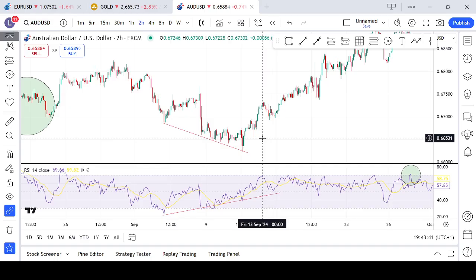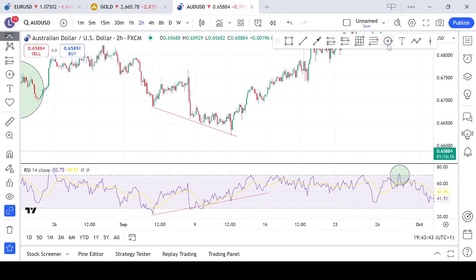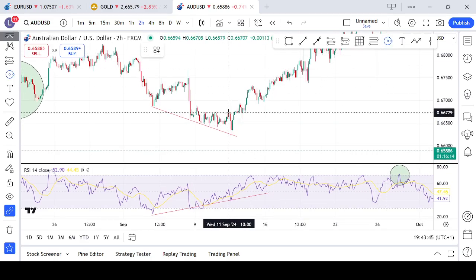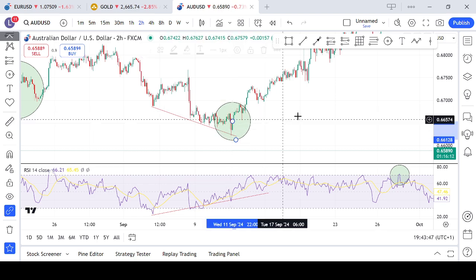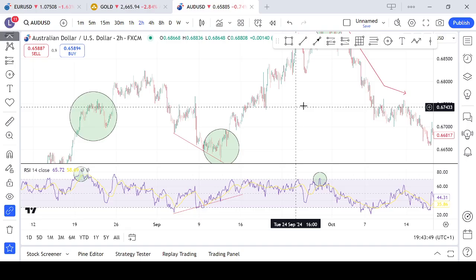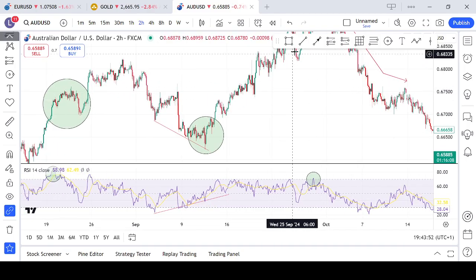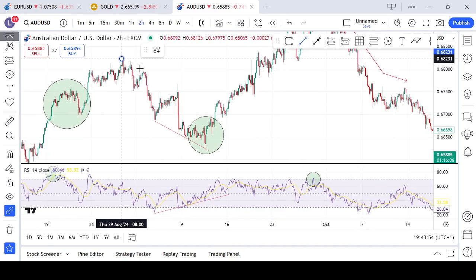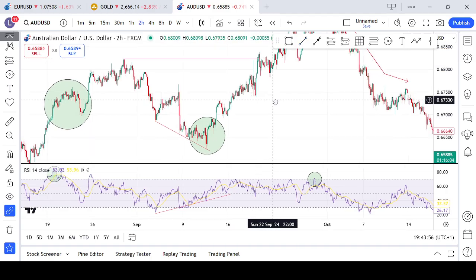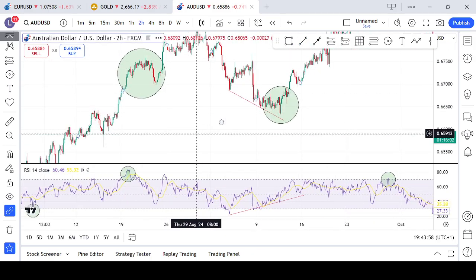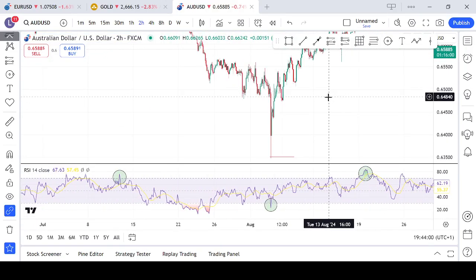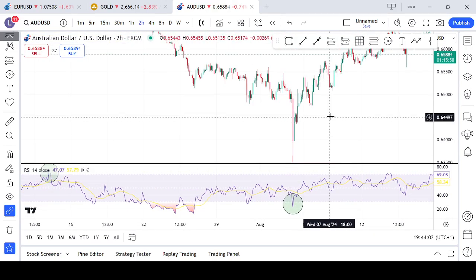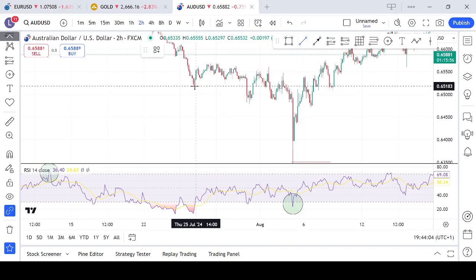And you can see that immediately after that bullish divergence, you can see this movement from here, confirming that. You can see price went to break the structure after that. So this is how you can use divergence in price and RSI to trade the markets.